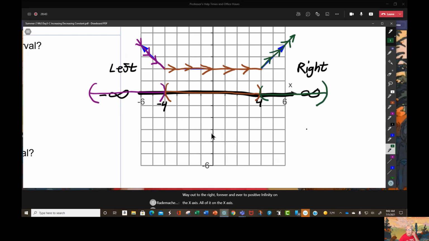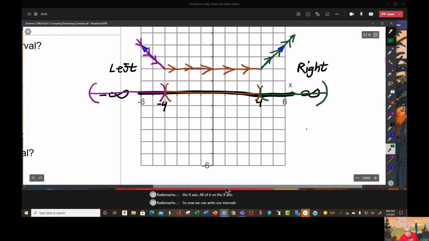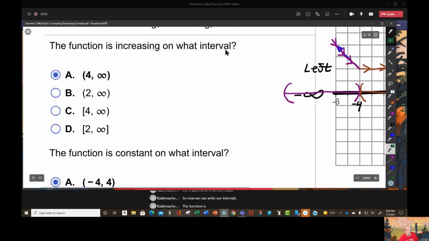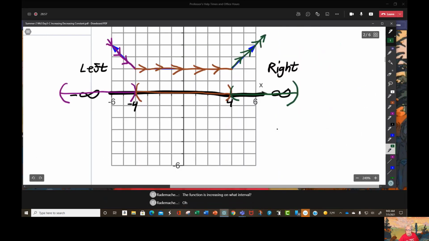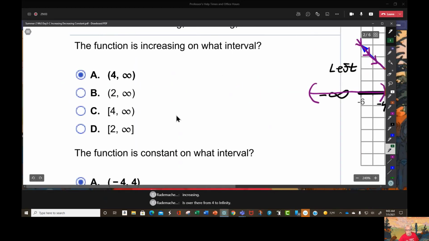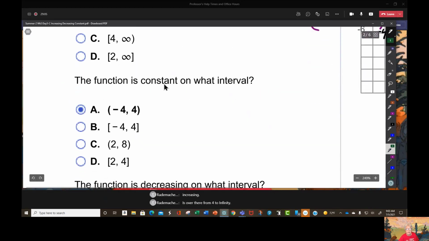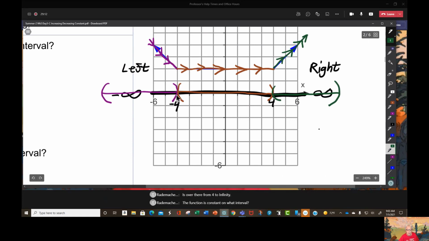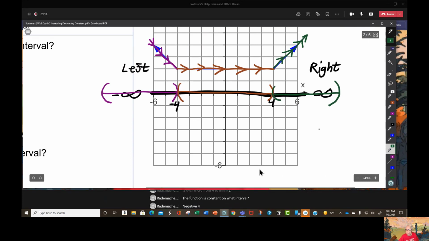So now we can write our intervals. The function is increasing on what interval? Oh, increasing is over there, from 4 to infinity. The function is constant on what interval? -4 to +4.